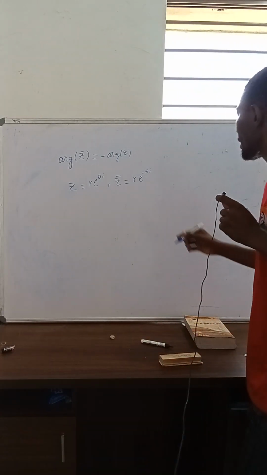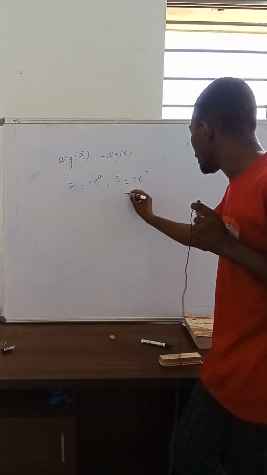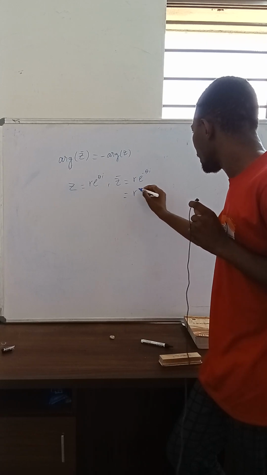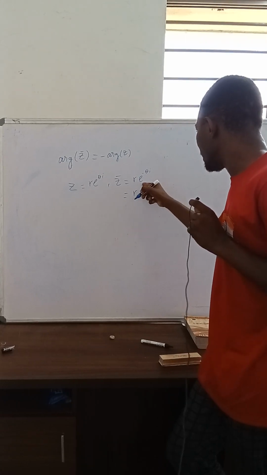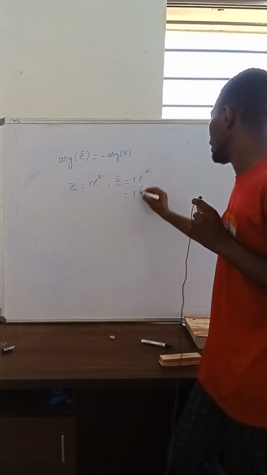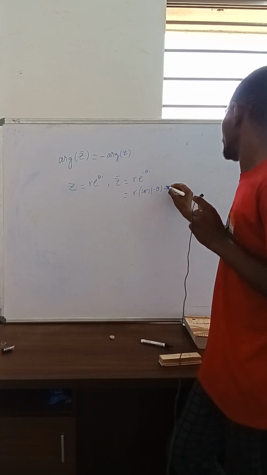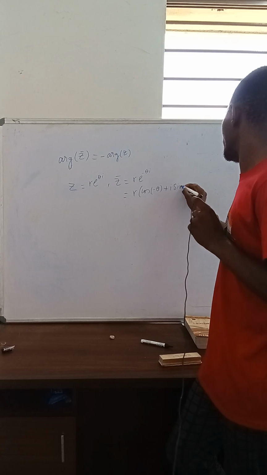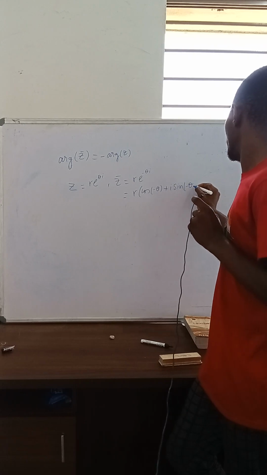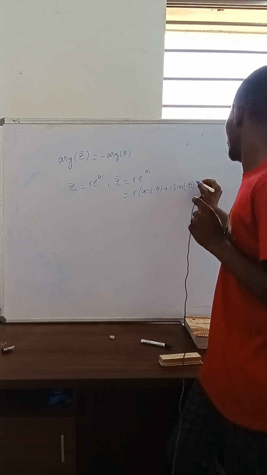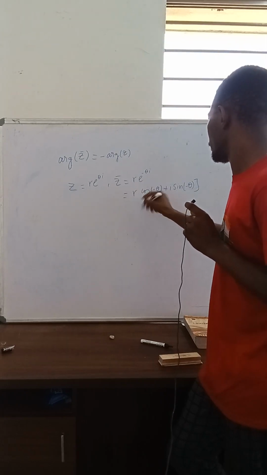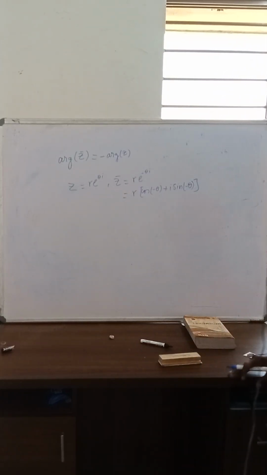Now see, what is this Euler raised to minus I theta? It is cos of minus theta plus I sin of minus theta. Is that okay? Nice, that's fine.